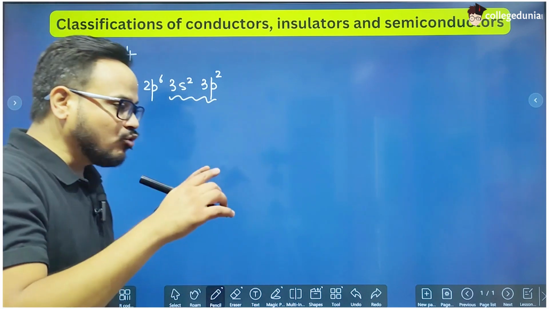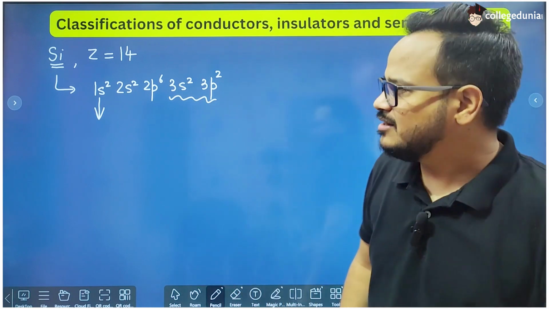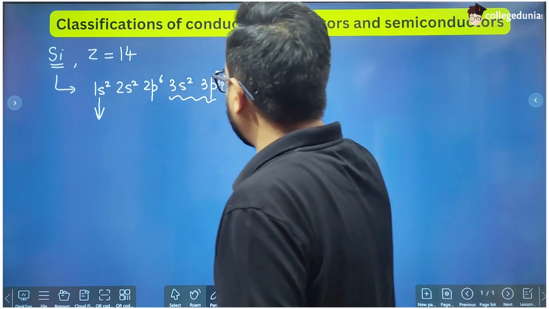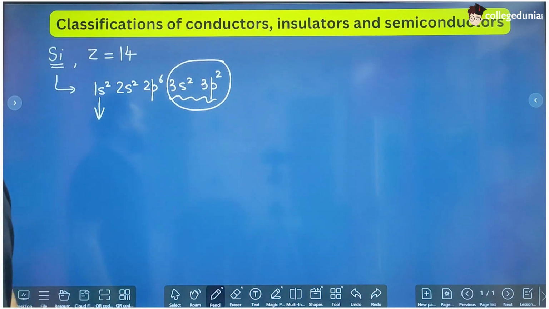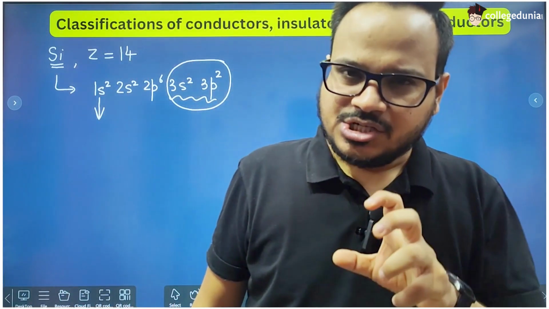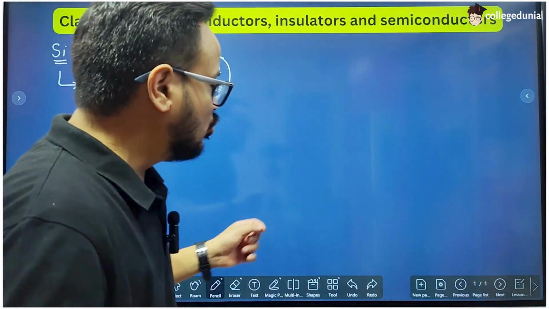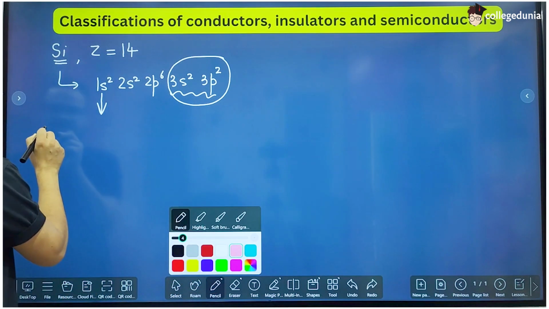So when we say that the outermost shell of every atom will merge into each other, we are saying that there will be no separation between the energies of 3s and 3p electrons of every atom in the silicon structure. So what happens? Two types of energy bands are created in a solid structure.